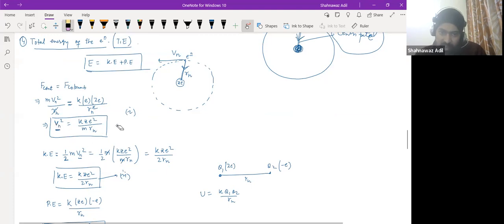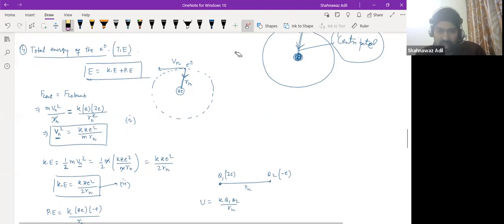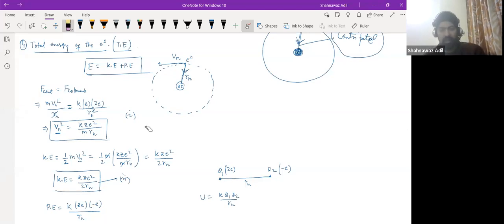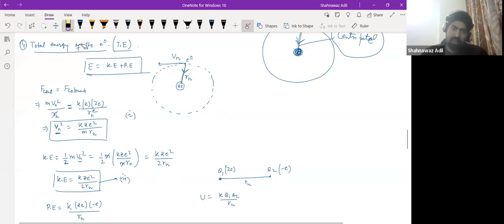So that is why I wrote this thing. That is not needed. I just wrote it to explain why we didn't square this whole thing. So is it clear to you? Yes, sir. This was the first equation.